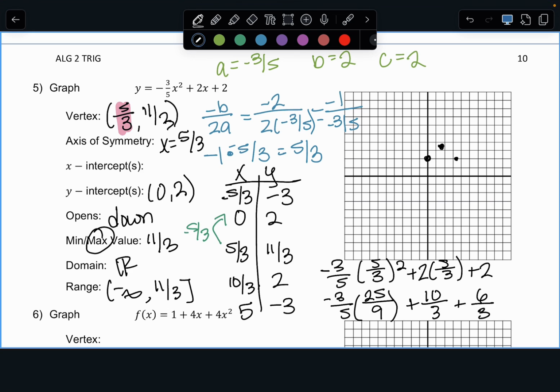So we have a little bit over 3, 2. 5, negative 3. And then negative 5/3, so negative 1.6-ish. Harder to graph that one because you're dealing with fractions that you have to estimate between two numbers. But that's it. Connect your dots, draw your axis of symmetry, and you are done.